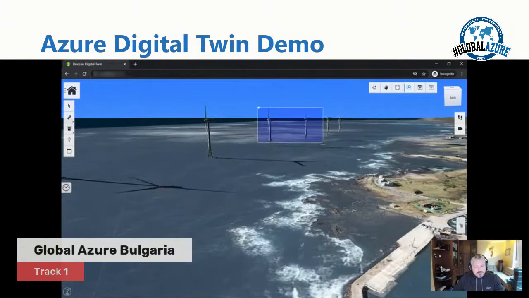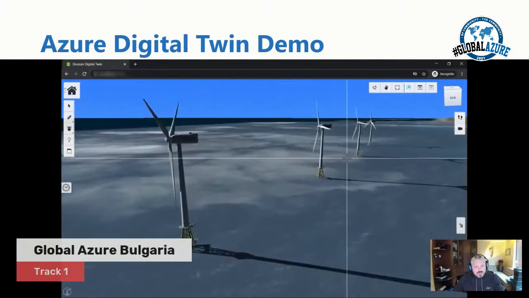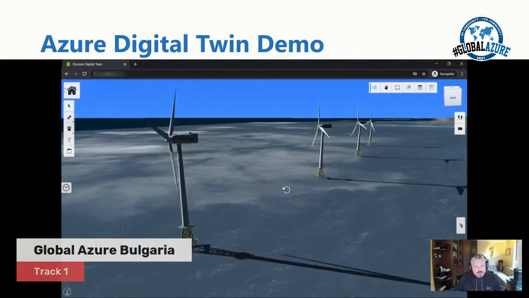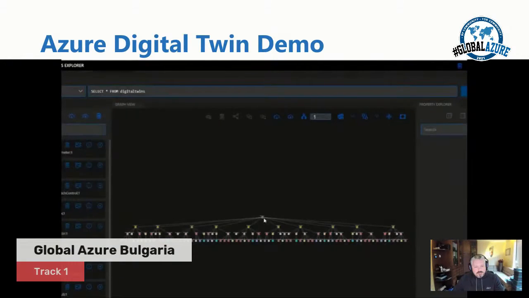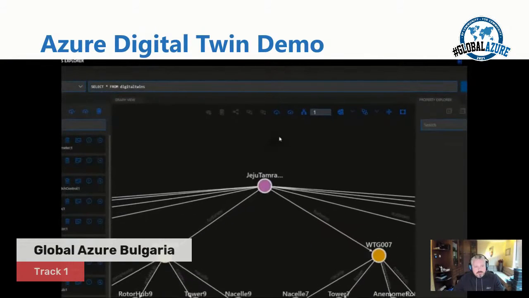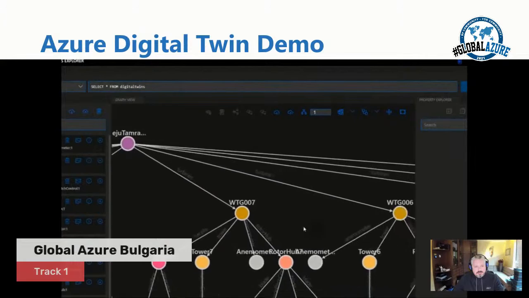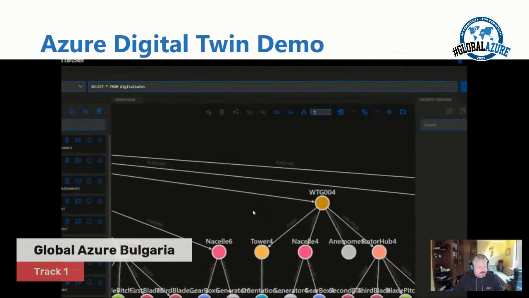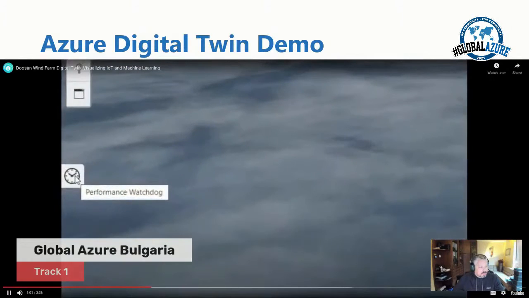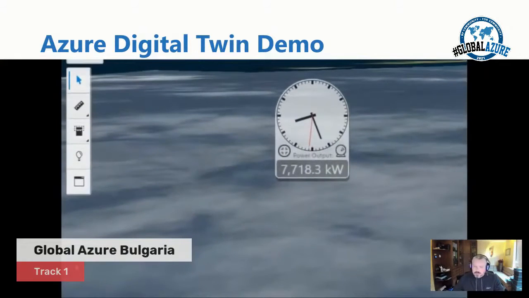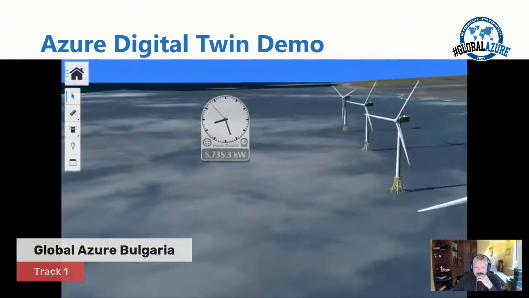Live power produced by each of the turbines, live data, have an Azure Digital Twins. Let's go ahead and see what that will look like. You can see the overall power being produced. And then we can zoom into individual turbines.